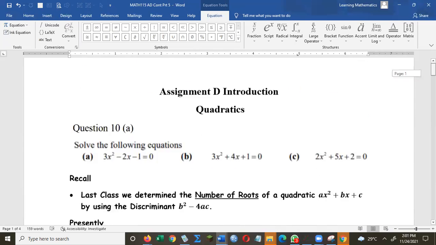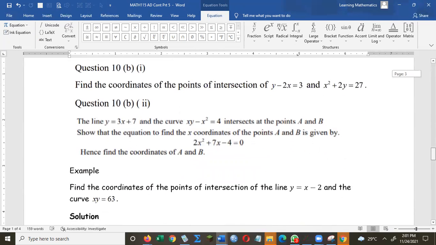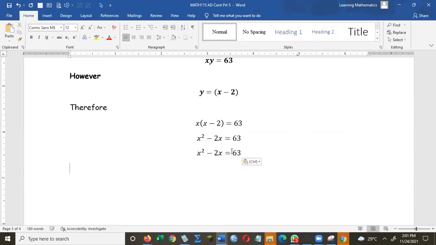That's what it means to solve the quadratic. You see where it says solve the quadratic, equal to 0, equal to 0. So you want to solve that quadratic, so we have to make that quadratic equal to 0 by canceling out 63 and sending it to the left side. So that's plus 63 minus 63 equal to 0.